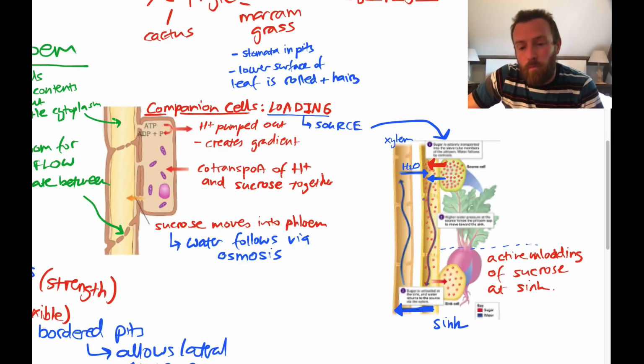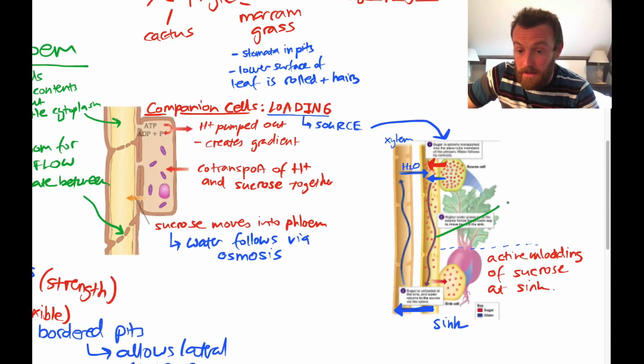So what's going on to move the actual fluid in the phloem? Well, we've got water pressure building up here, water in to the phloem at the source and water out of the phloem at the sink. This causes something called mass flow. So mass flow is right here.